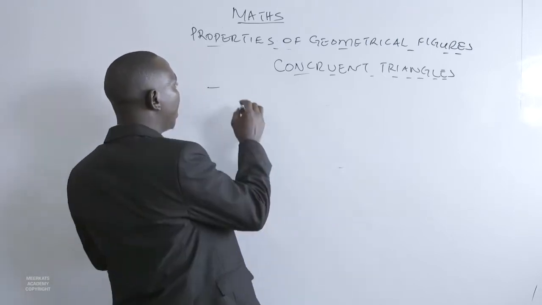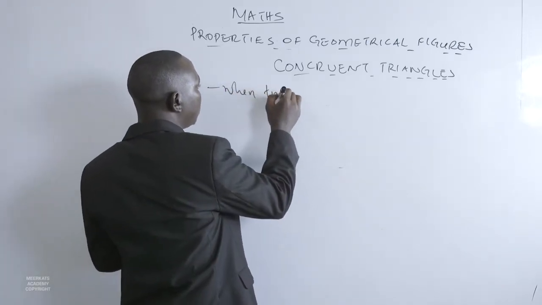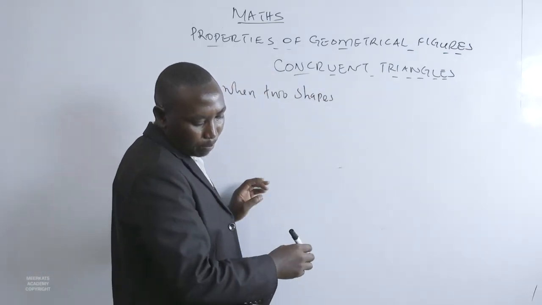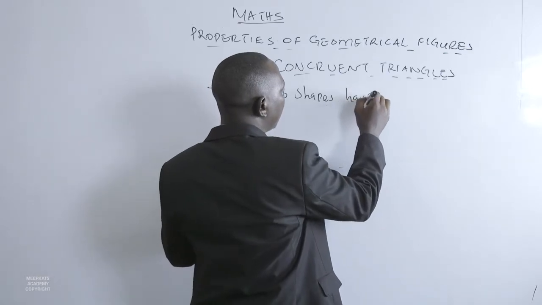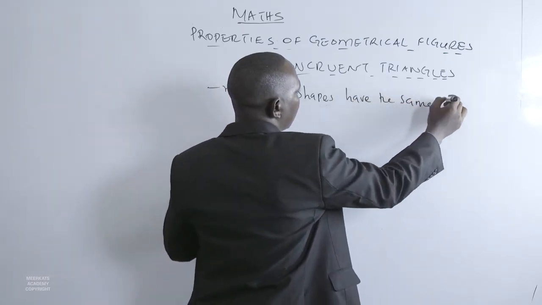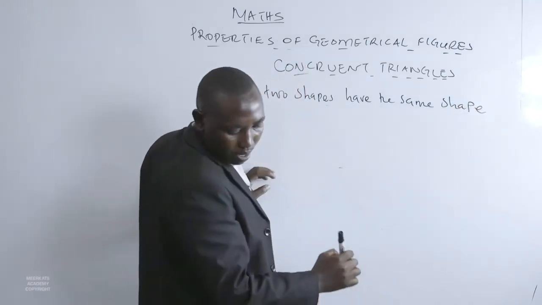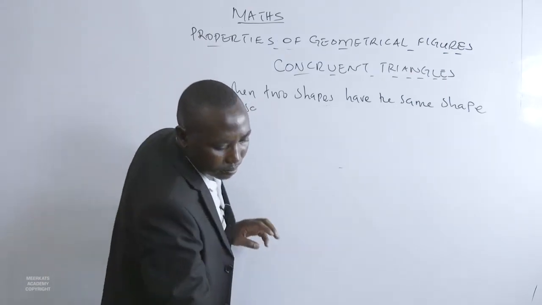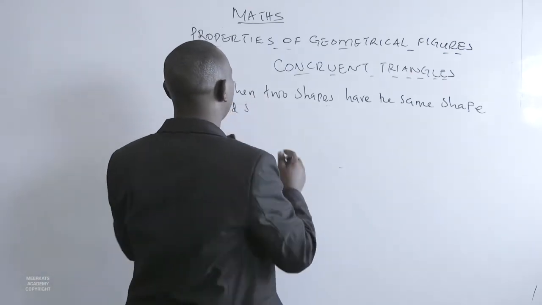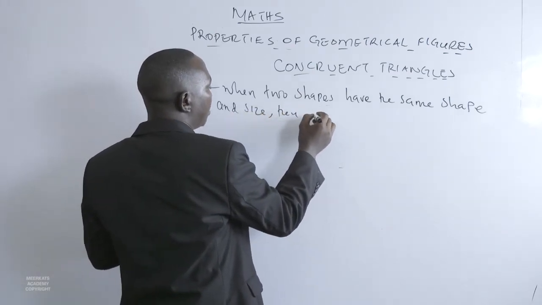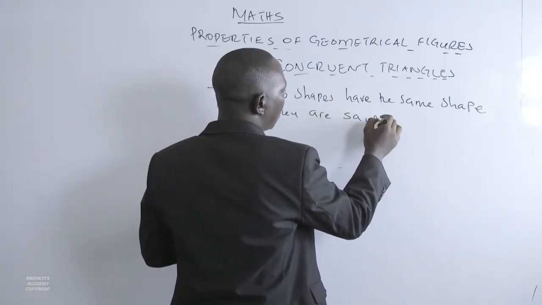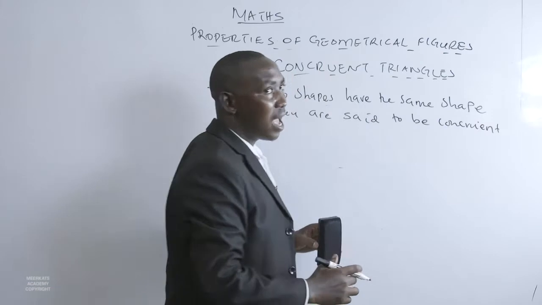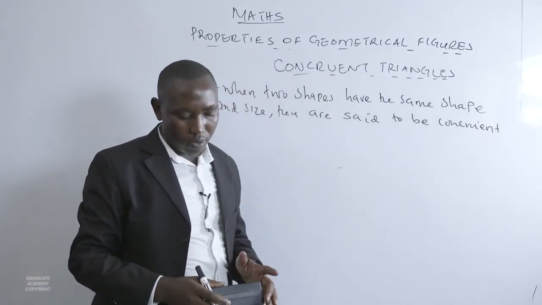That is, when two shapes have the same shape and size, they are said to be congruent, i.e. they are equal.